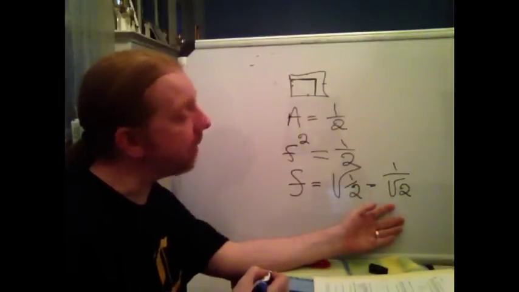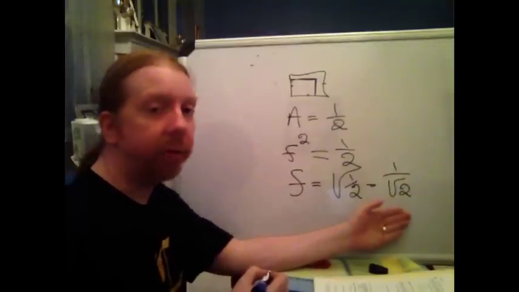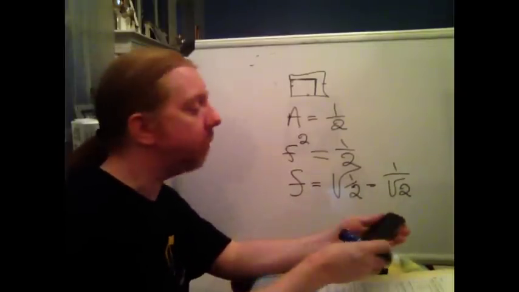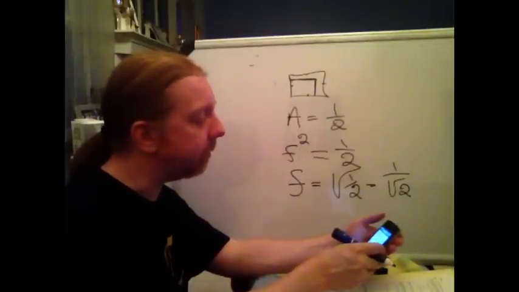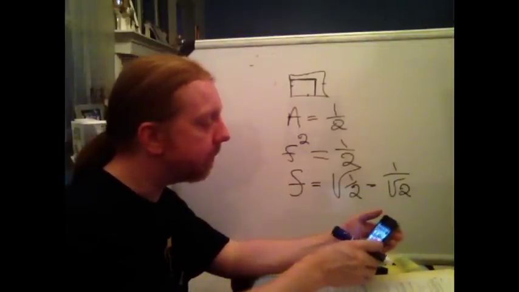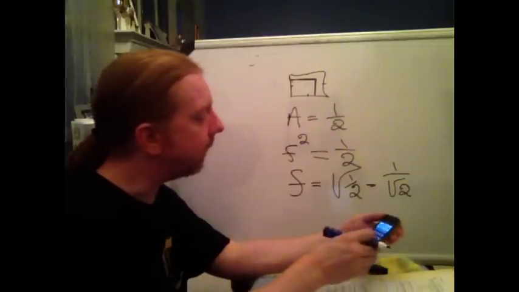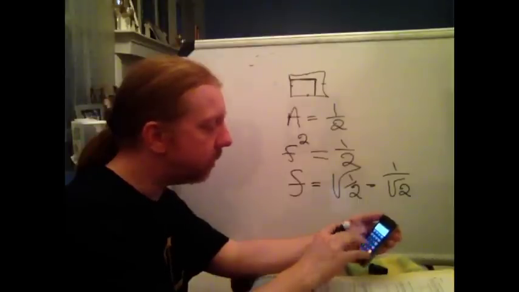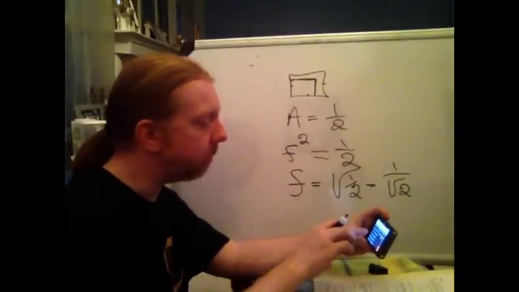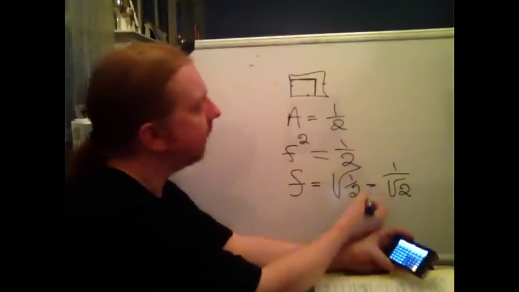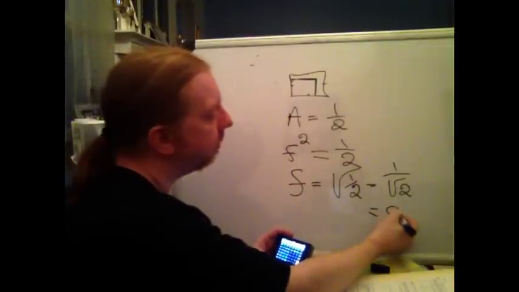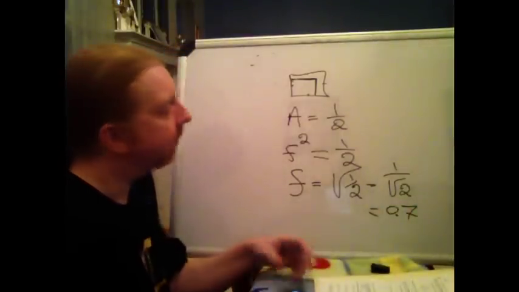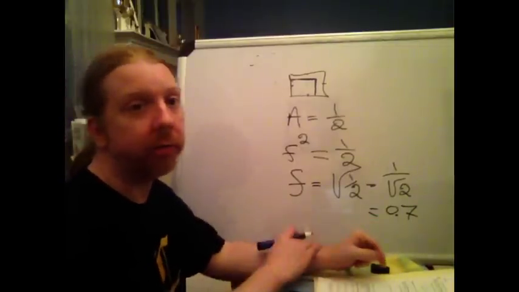I could talk about modifying it by some factor related to that, or turn it into a decimal. I could take my calculator and simply say, calculator, 1 over the square root of 2, 1 divided by 2, hit the square root button, and I get a factor of 0.7. And that will also suffice as an answer.